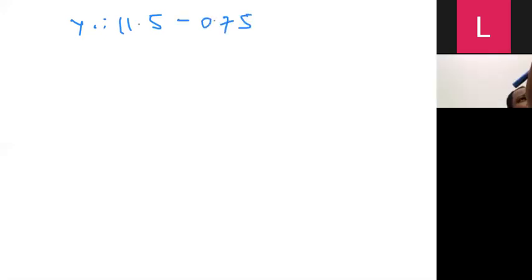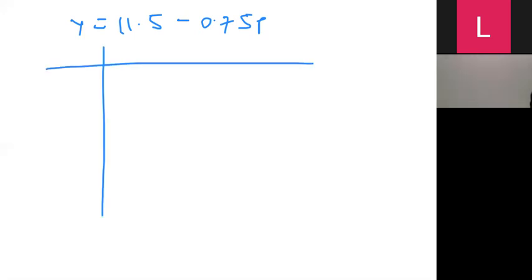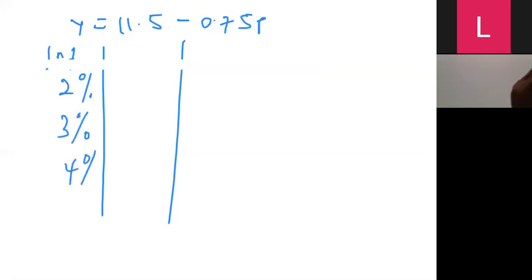We've been asked to calculate the real interest rate and aggregate output when the inflation rate is 2%. So I'm going to write it here. This is my inflation. When inflation is 2%, when inflation is 3%, and when inflation is 4%. First I'm looking for R and also output.